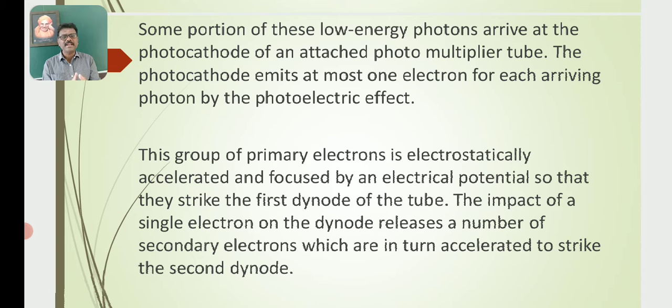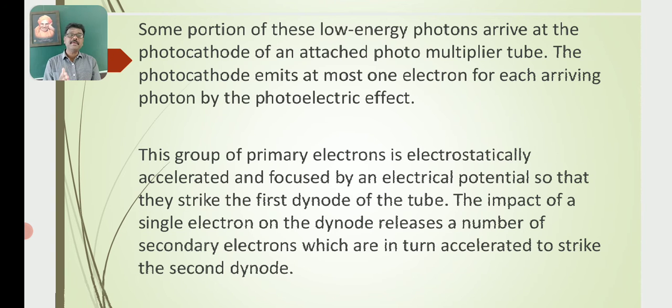Then the primary electrons get accelerated and acquire more energy, and they strike the first diode of the tube.